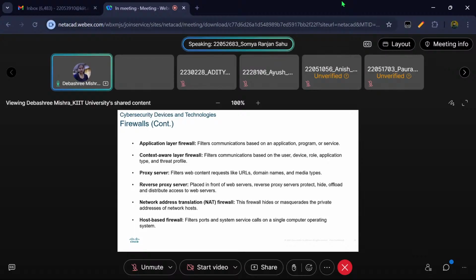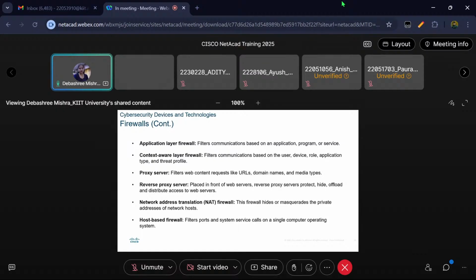In this one, based on the applications, programs, and services you are using, some filtering techniques are implemented. Next is your context aware firewall. It filters the communication based on your user, the device, the applications, the profiles, and the role.